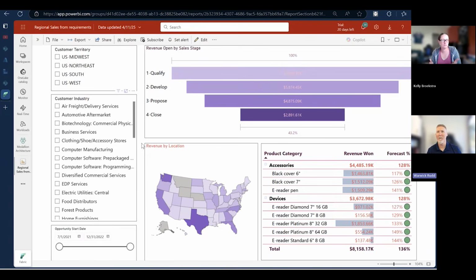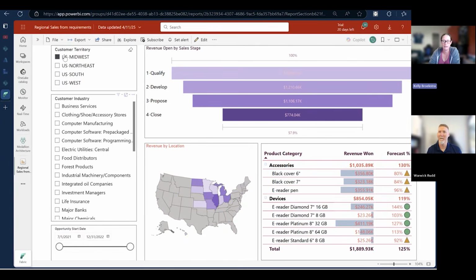I think it does. So this is showing us everything, and I've got the ability to dive in and have a look at each of the regions. Right, so we can actually break it down using Power BI's wonderful ability to interact with different visuals. So you can look at just the Midwest. Midwest's not doing quite as well with its physical products as some of the others.